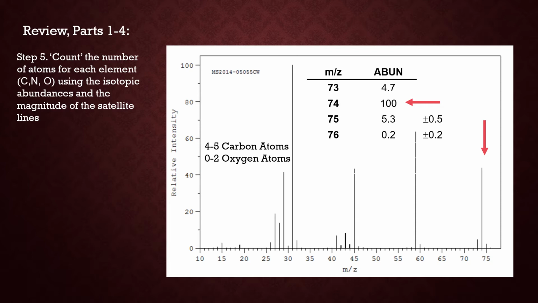Dividing 5.3 by 1.1 gives me almost 5 carbons, somewhere between 4 and 5, and that's what I would assign. Similarly, oxygen, an A+2 element, has an O-18 abundance of 0.2%. I divide the A+2 line, 76, by 0.2, and I get 1. If I incorporate the error, I can go from 0 to 2.